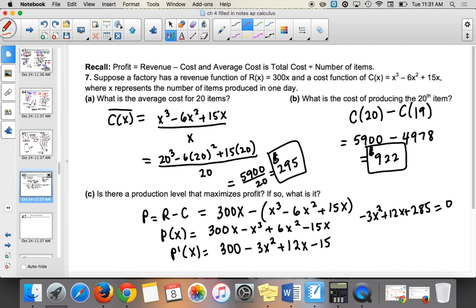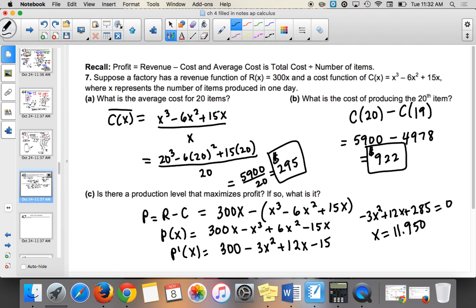Anybody have it? No? Am I the only one who used my calculator? Natalie's using her calculator. Did you get it, Natalie? I have the calculator: 11.950. Exactly, 11.950. Now, why does the negative one not matter?